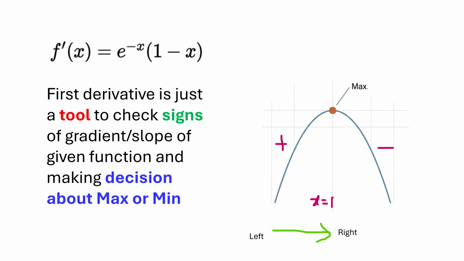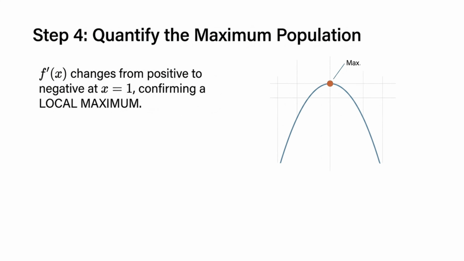Since from left to right, our curve goes from increasing to decreasing at x equals 1, we have successfully confirmed a local maximum. You just used the first derivative test perfectly. After determining that the given population function attains its maximum at x equals 1, the next step is to calculate the value of this maximum. If we plug x equals 1 back into our original population equation, we get 1 times e to the power of minus 1, which equals roughly 0.368.